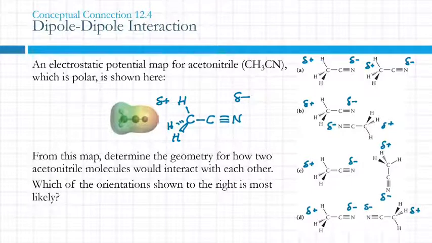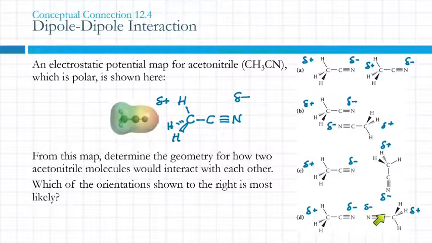Okay, so I've got an answer of B. Let's look at B. So here we have the partial positive and the negative end kind of next to each other here and here, but then these negative parts are also kind of close together. So this is probably the second best one. This is exactly the opposite of what would happen.